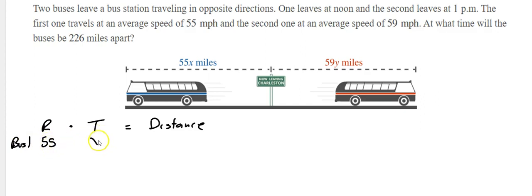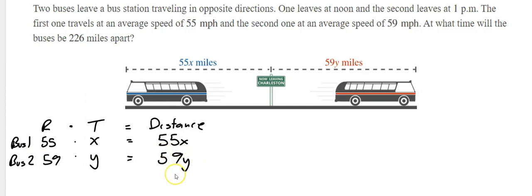Multiplied by what? By x, that time. Well, its distance is 55 multiplied by x. Bus 2 is going 59 miles per hour, multiplied by y. I'll put little dots here to help out. And its distance will be 59y.